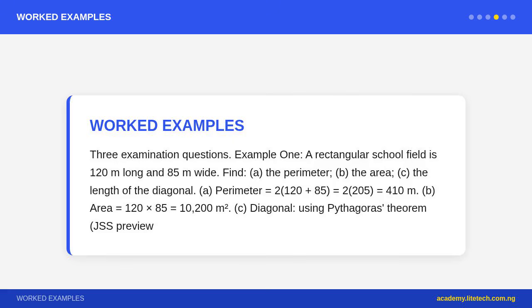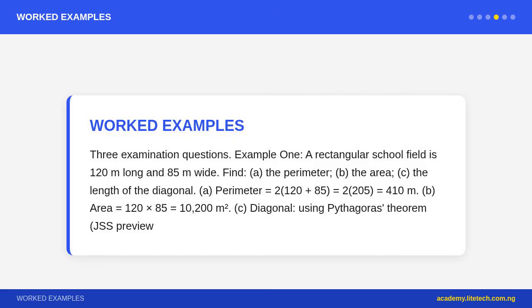Three examination questions. Example 1. A rectangular school field is 120 m long and 85 m wide. Find A, the perimeter, B, the area, C, the length of the diagonal. A. Perimeter equals 2(120 plus 85) equals 2 times 205 equals 410 m. B. Area is equal to 120 times 85 equals 10,200 square meters.